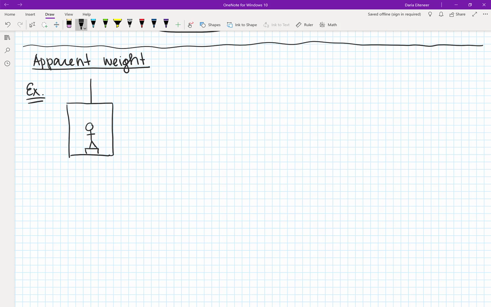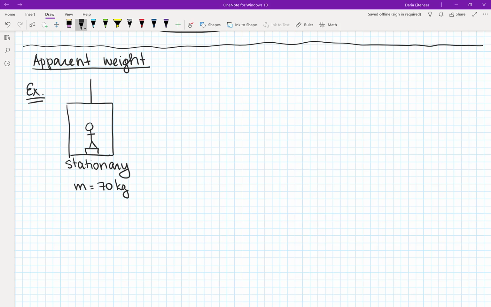So right now this elevator is going to be stationary. I am going to take the mass of the person to be 70 kilograms. That's about an average mass. Okay. And let's see what kinds of scenarios we can imagine.